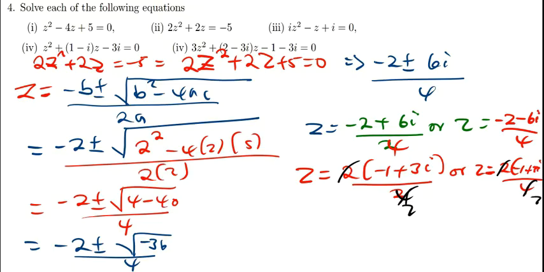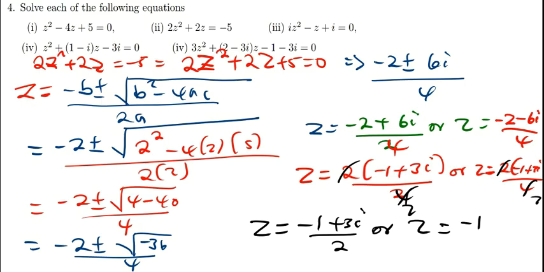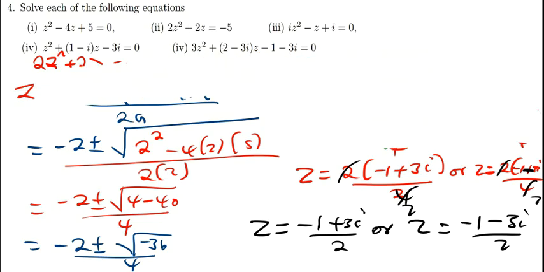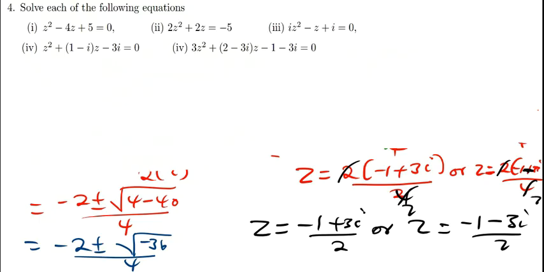So I'll end up having z equal to -1 plus 3i divided by 2, or z equal to -1 minus, so this is minus here, because of that minus here, 3i divided by 2. Now the final answer can be written as z is equal to negative 1 over 2 plus 3 over 2 i.